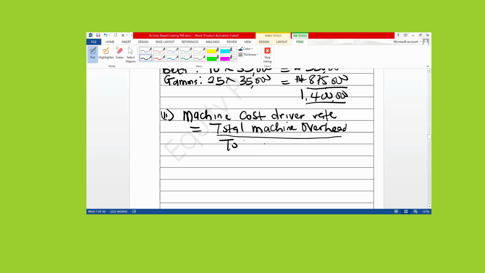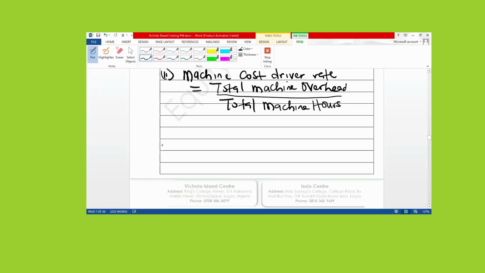Total machine hours: to produce 1 unit of alpha we require 5 hours of machine, for beta 6 hours, for gamma 5 hours.